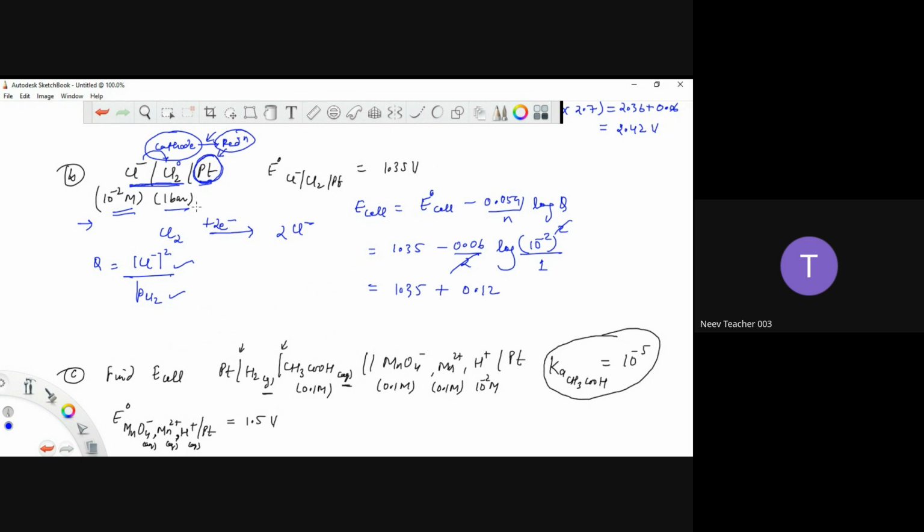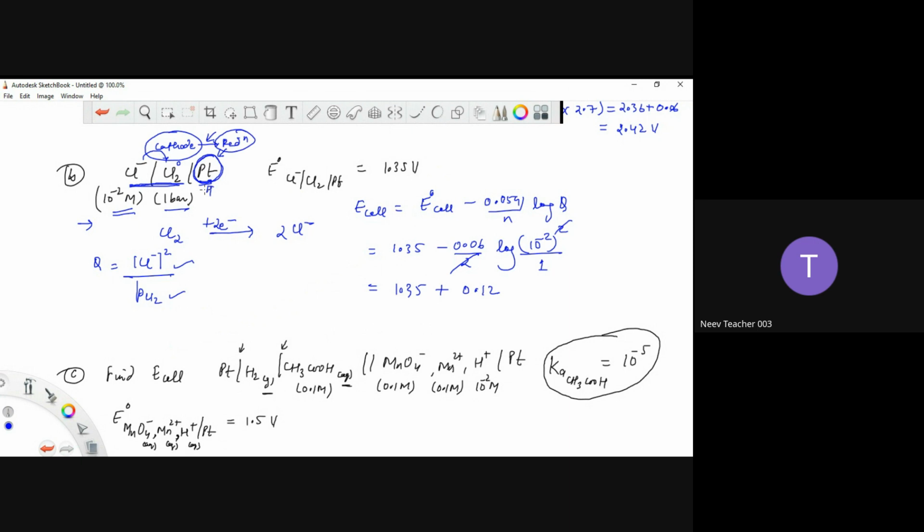This will be confusing when you have a gaseous electrode, especially a halogen gaseous electrode. You may get confused about whether reduction or oxidation is happening, because the representation will make you feel that oxidation is happening, but actually you need to figure it out from where the electrode is present. Over here, the electrode is platinum. If platinum is at the extreme right, then it is your cathode half.